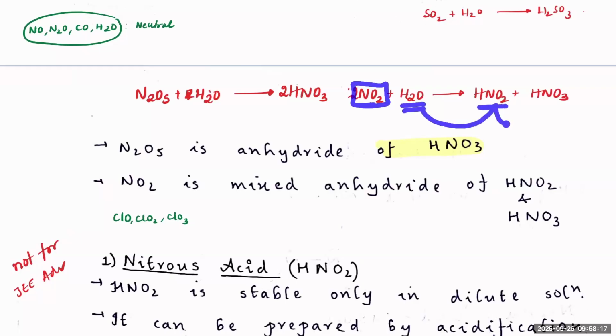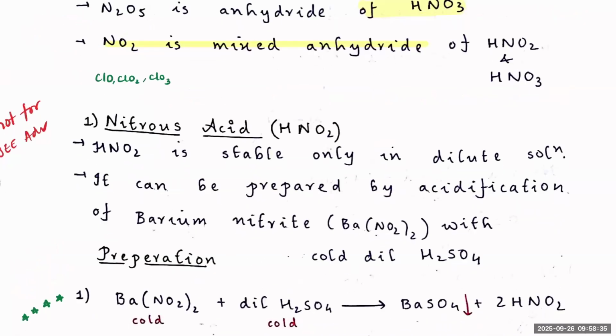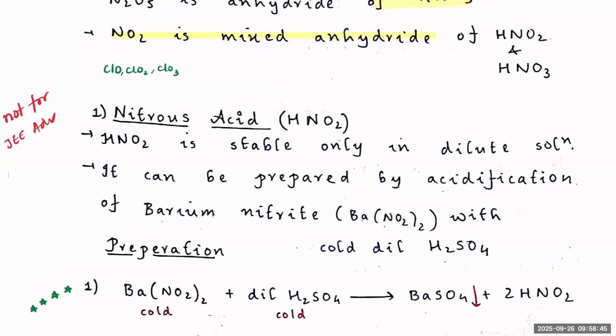One mole will become HNO2, the other mole will become HNO3. So basically this is also an anhydride, but an anhydride of both acids. That's why this type of oxides are called mixed anhydrides. So this is a mixed anhydride of HNO2 and HNO3. Similarly, ClO2, Cl2O6 and such are also mixed anhydrides. This wording will be used ahead. So this is a mixed anhydride.